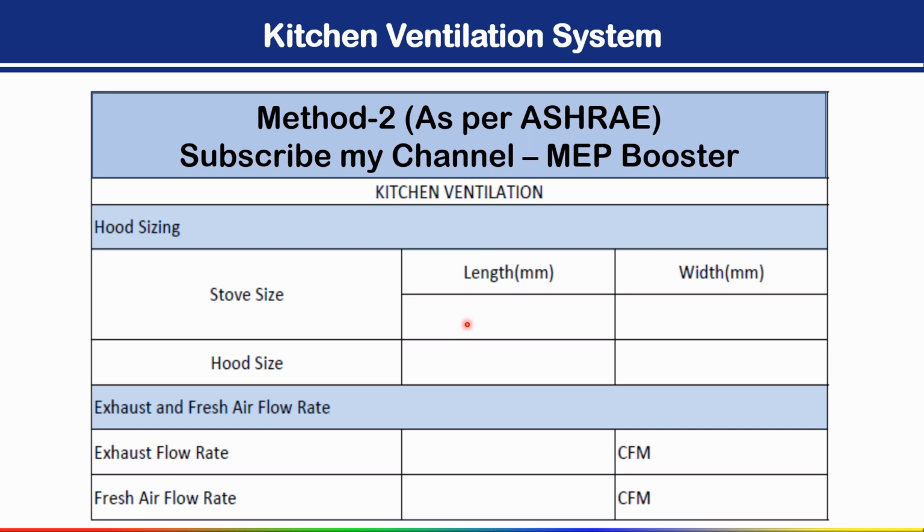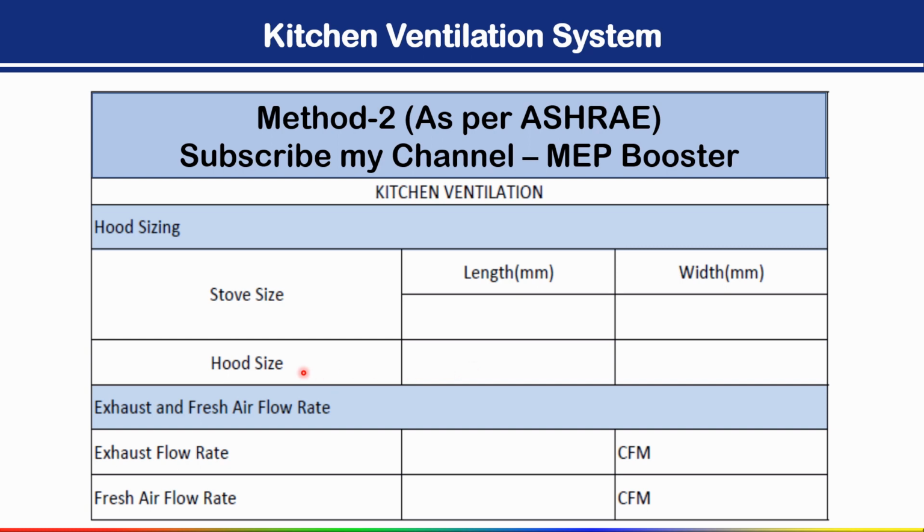Suppose your stove length is, just taking an example, 200 mm. How will you get the hood size if the length is given as 200 mm? On the left side you have to maintain an overhang of 150 mm, and on the right side 150 mm.